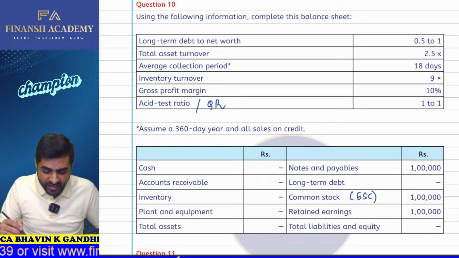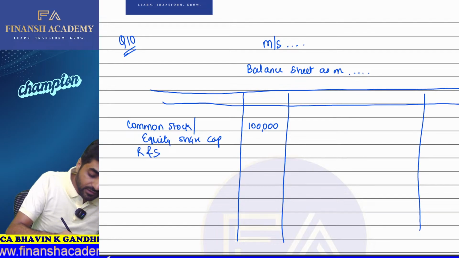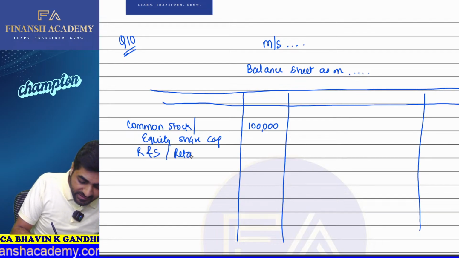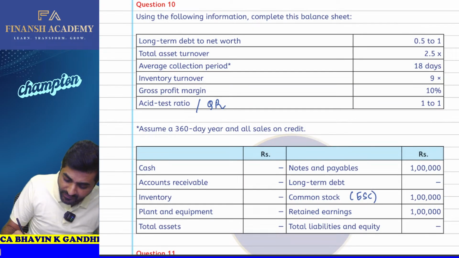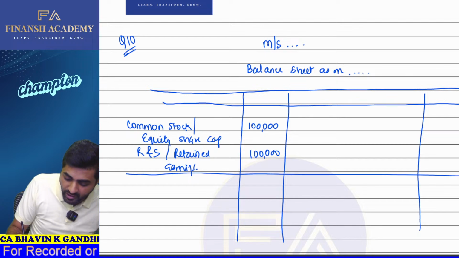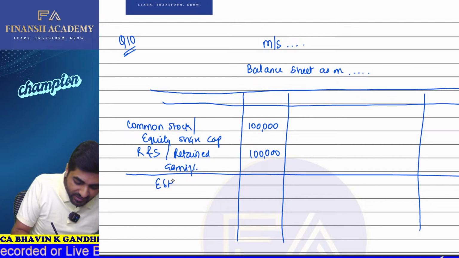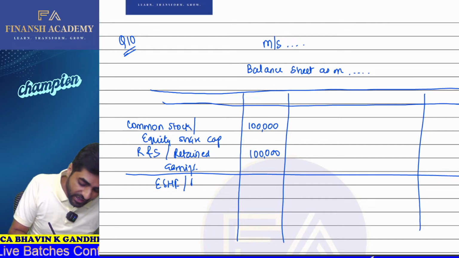And then, my dear students, we have retained earnings. So we have reserves and surplus, or else retained earnings. And that amount will be again 1 lakh rupees. Can I say the total of this will be called your equity shareholders funds, which is also known as your net worth. So we have equity shareholders funds or net worth, which is 11 lakhs.